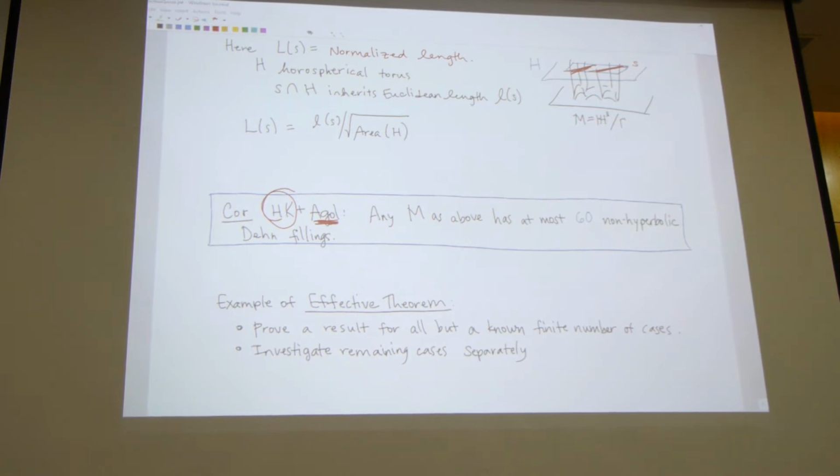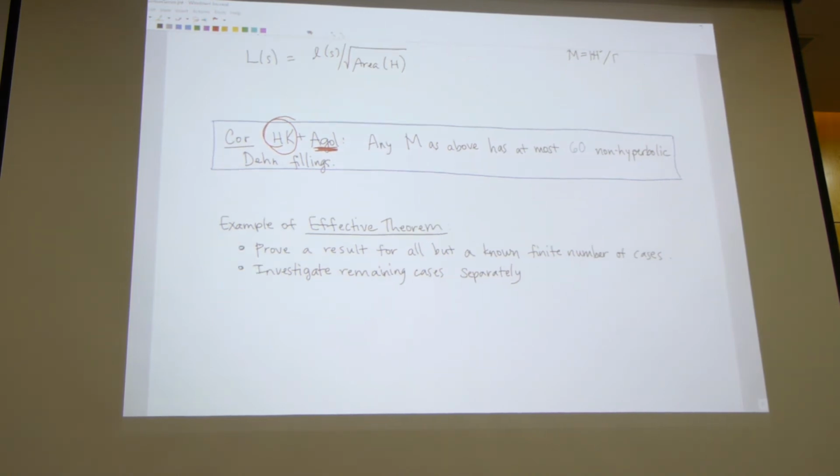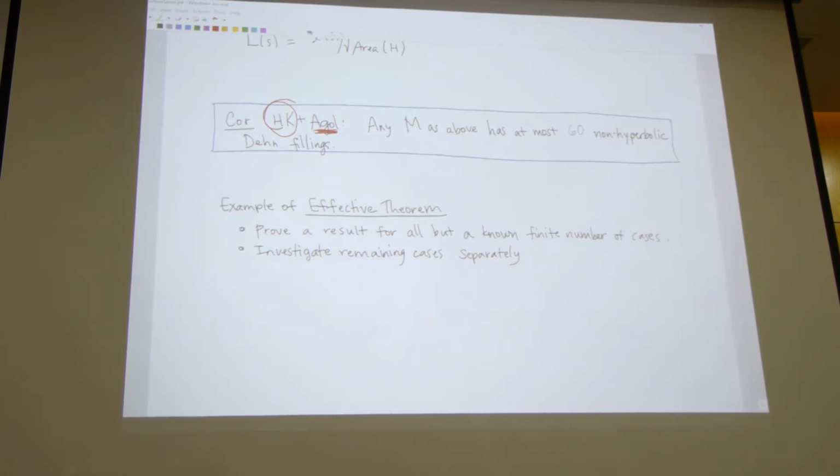Okay, other questions? All right, so this idea of cone deformation is extremely useful because you know the geometry here. You can follow the geometry all the way along the deformation, and then you can say something about the geometry over here, in theory. Okay, so Hodgson and Kerckhoff, in their paper, controlled some geometry.